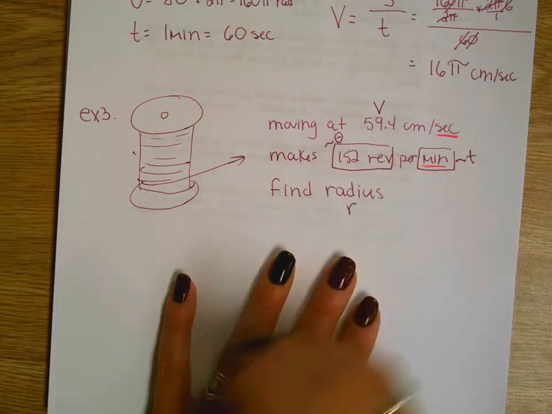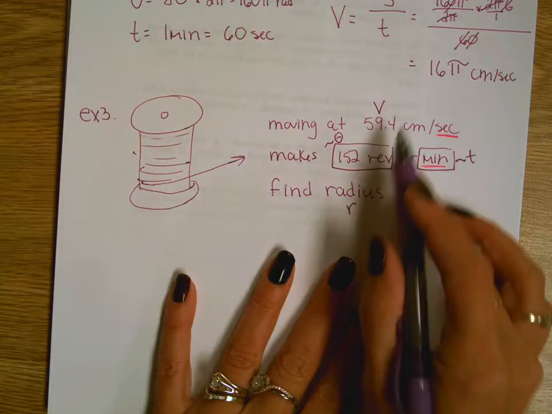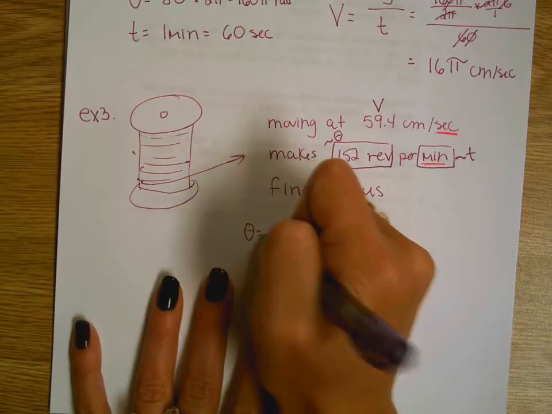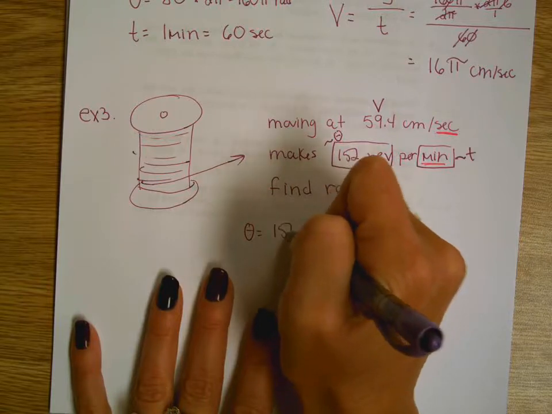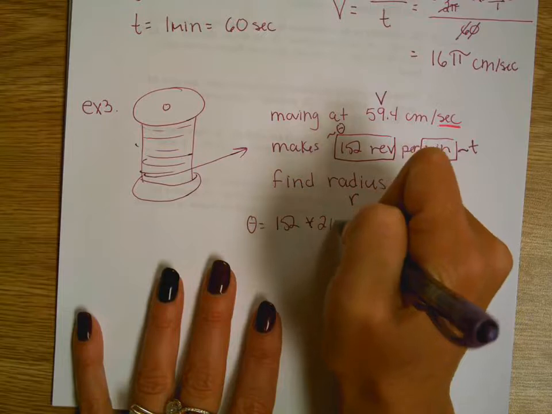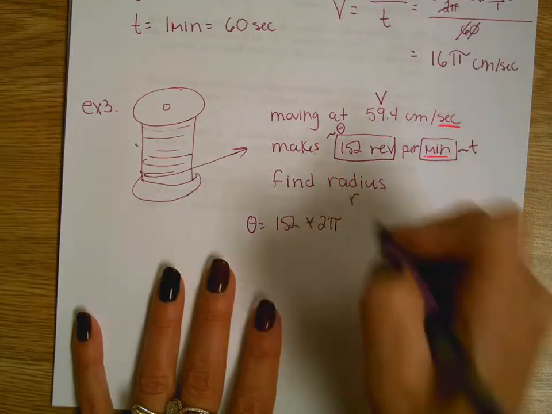And then r is what we're looking for. So we got to fix the theta and fix the t, and then we can plug and chug. So theta: 152 revolutions. Every revolution it passes through 2 pi radians. Every time it turns 360 degrees, 2 pi radians.